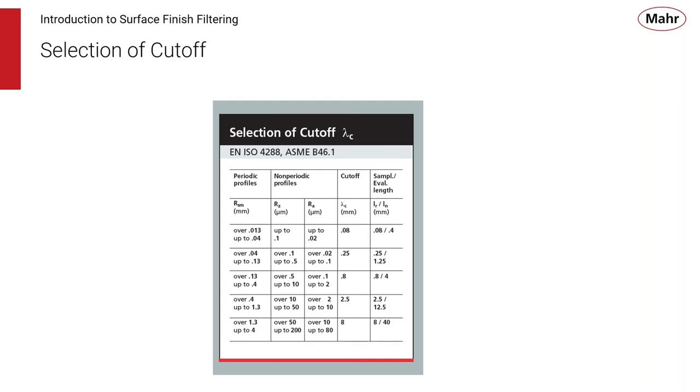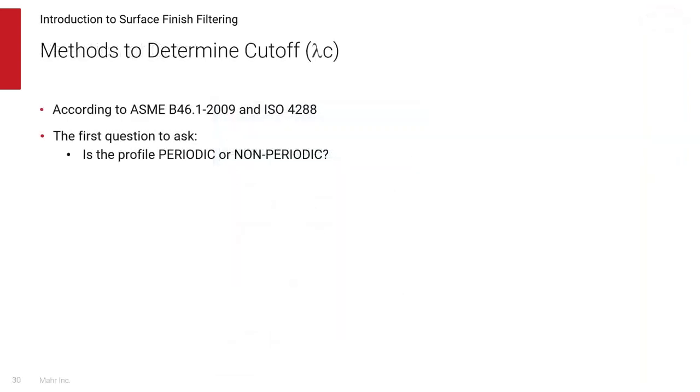But this selection of the cutoff is really the basis of what filtering is all about, to ensure that the right cutoff is selected and we get the right results. So the standards go through a whole dissertation about selecting the right cutoffs and how to do it.